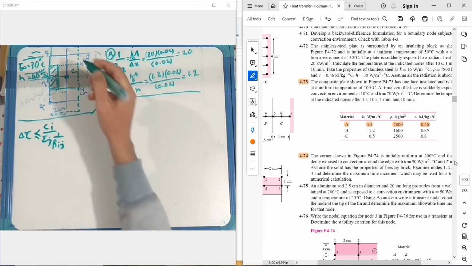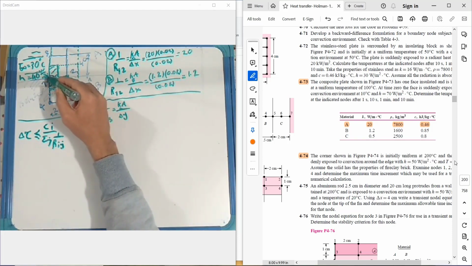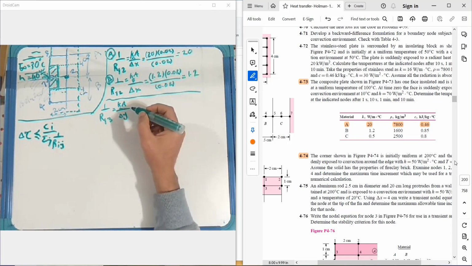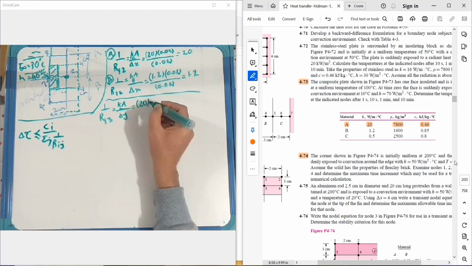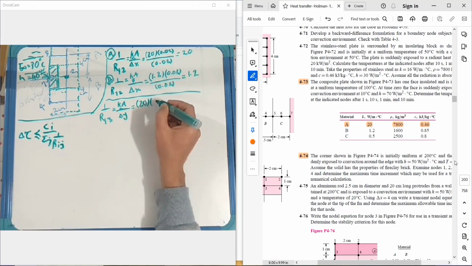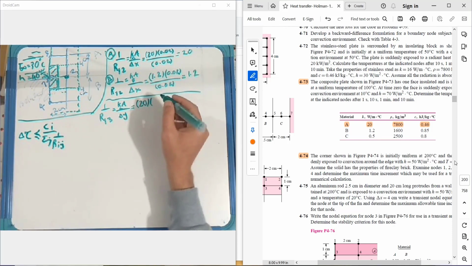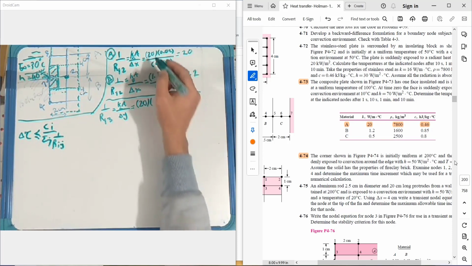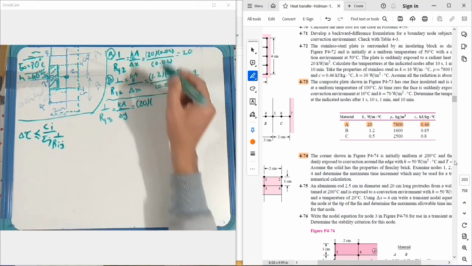Delta Y, because from point 1 to 3 we have delta Y, and the conductivity is 20. As you can see in the table on the right side of the window, it is exactly this one.